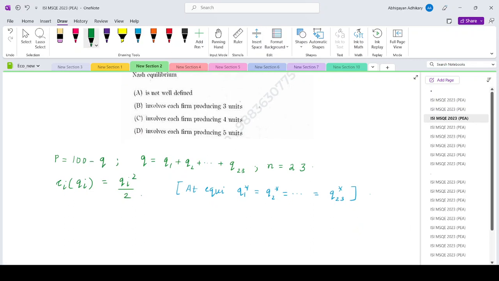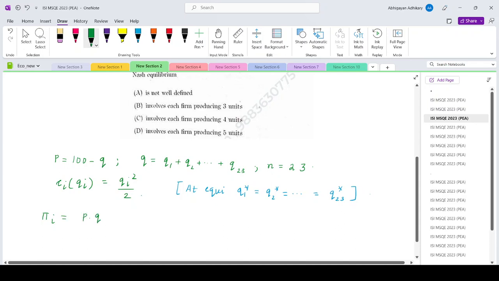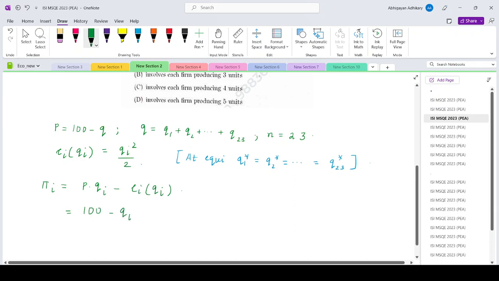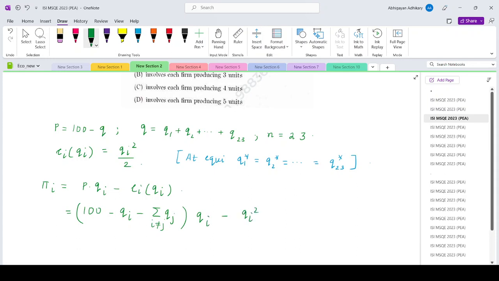So if I talk about a generic form, the profit expression πi will be P·Qi - Ci(Qi). P is basically 100 - Q, so I can write it as (100 - Qi - Σ_{j≠i} Qj)·Qi - Qi²/2.